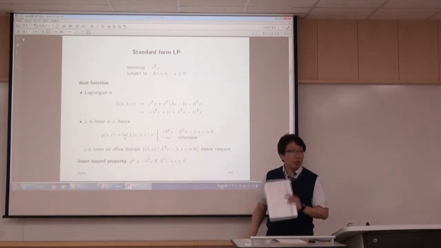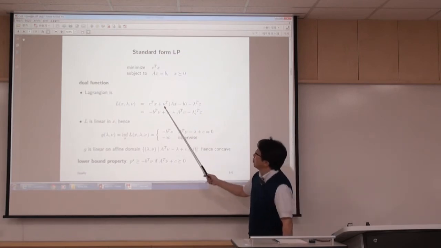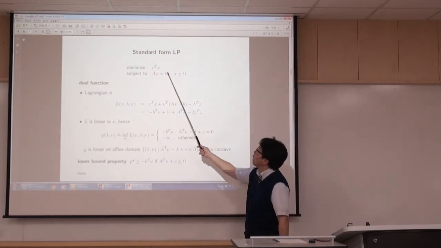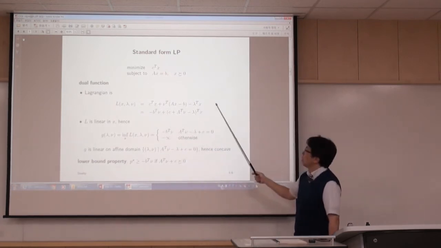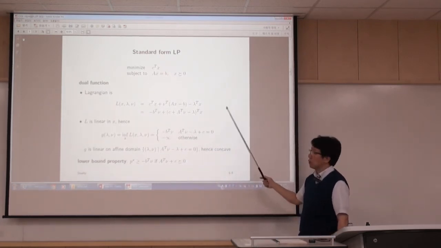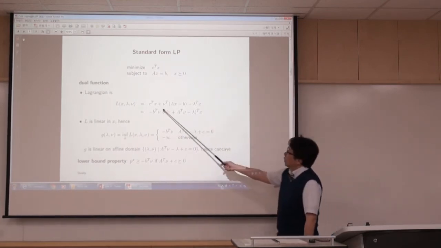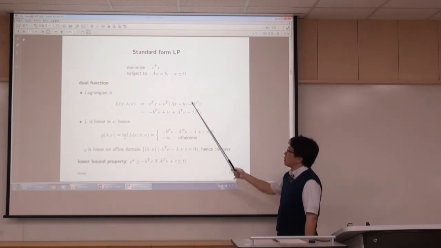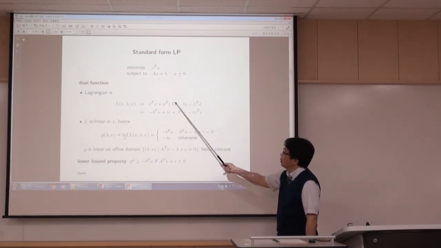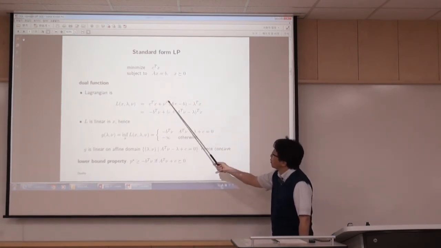Now, we have our equality constraint. So we have mu transpose times (Ax minus b). Got it? So we have this one with lambda greater than or equal to 0. Now, let's factor out this x. Then we have mu transpose minus b.